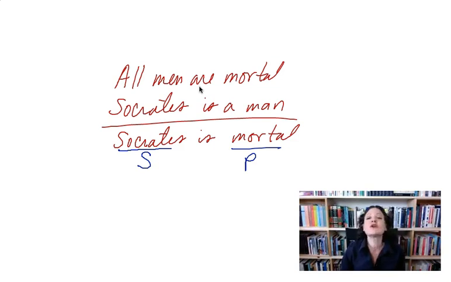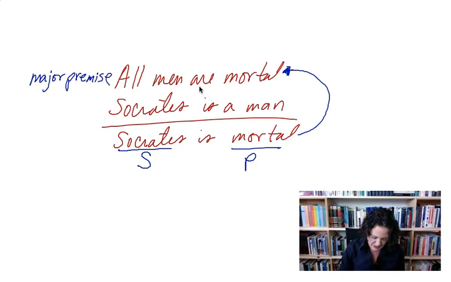But these terms are also inside the argument itself. So we can follow the P term to the major premise. Here, let's call this the major premise. And this is the minor premise. And this is the conclusion.